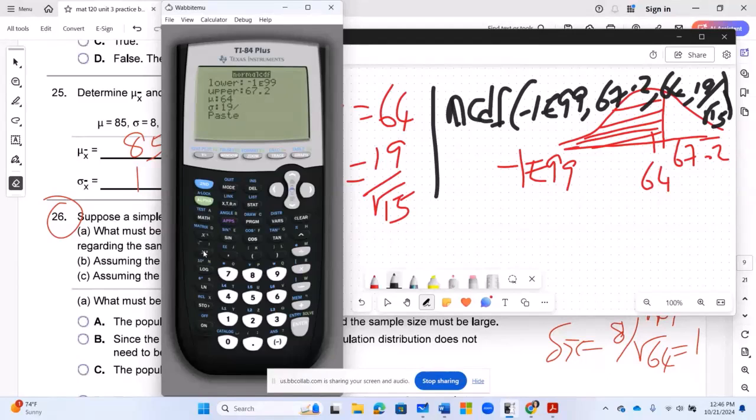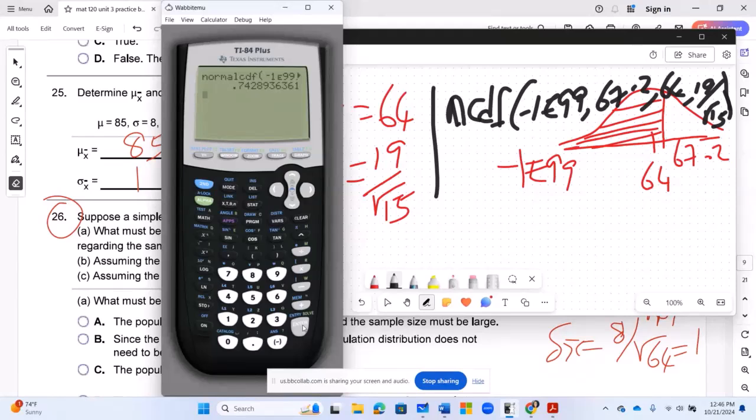And I'm going to put 15 here. When I close parentheses and I hit enter, my answer is 0.743, approximately 0.743 to 3 decimal places.